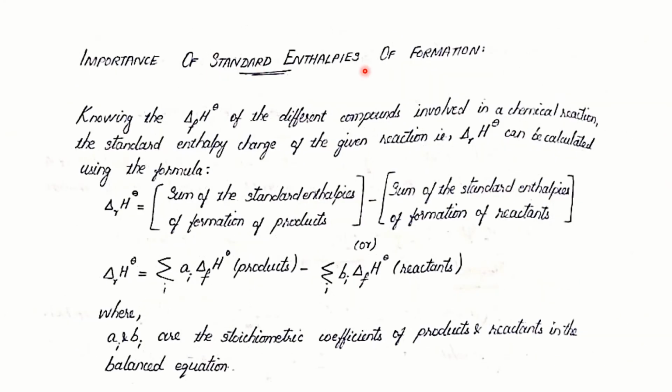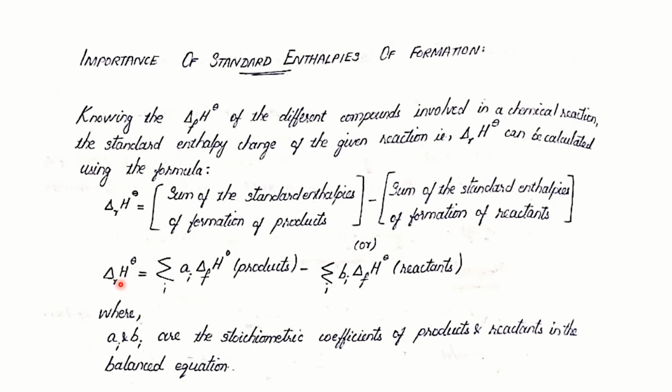What is the importance of standard enthalpies of formation? If you know the standard enthalpies of formation of each reactant and product involved in a chemical reaction, you can very easily calculate the standard enthalpy change of any given reaction. Therefore, delta R H naught, that is standard enthalpy change of any reaction, can be calculated by using this general formula, that is sum of standard enthalpies of formation of products minus sum of standard enthalpies of formation of reactants.